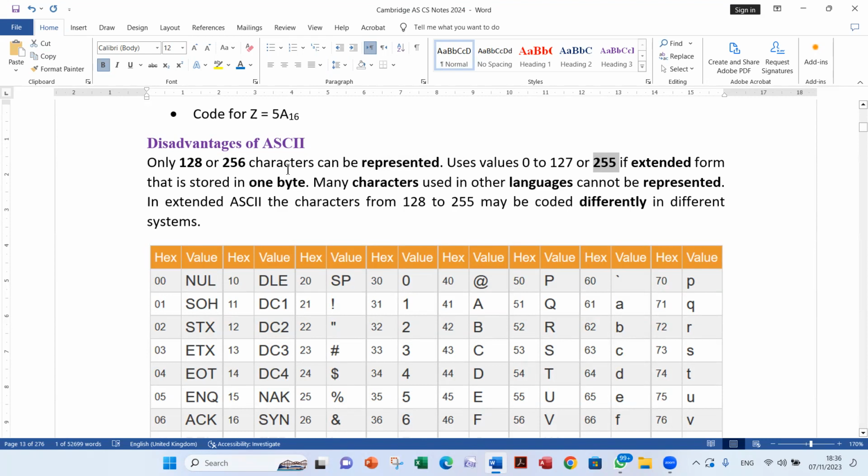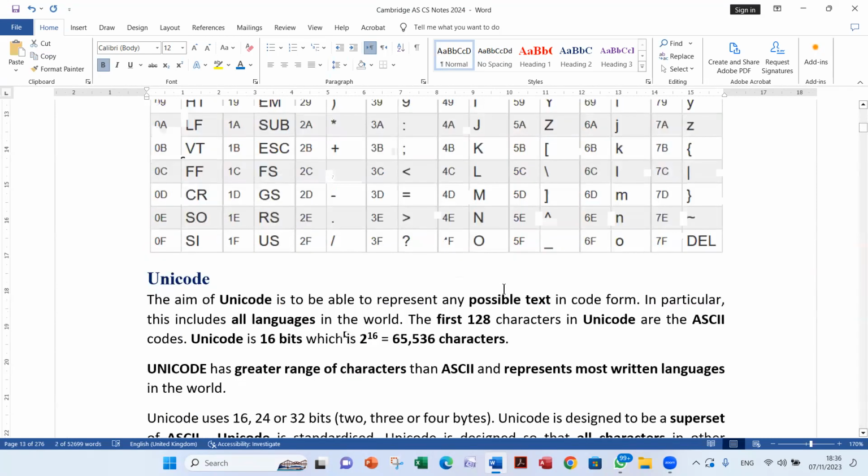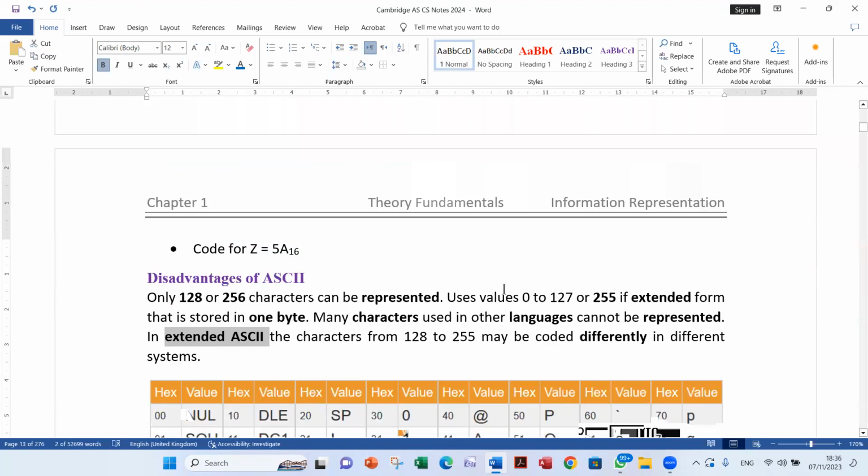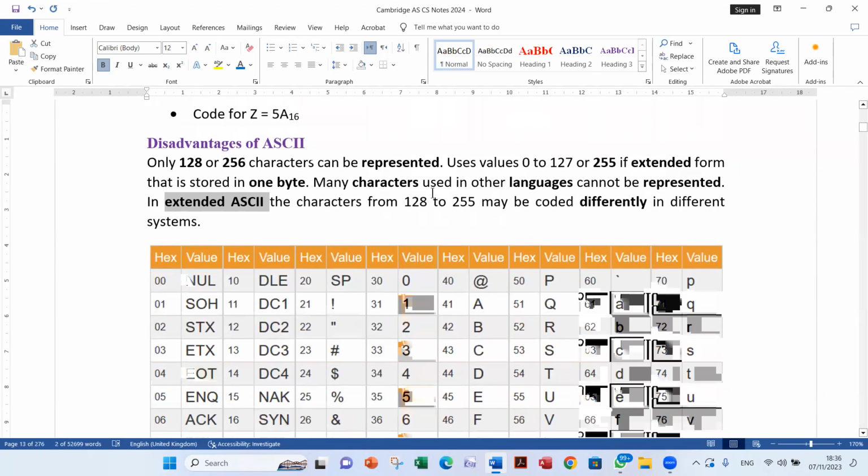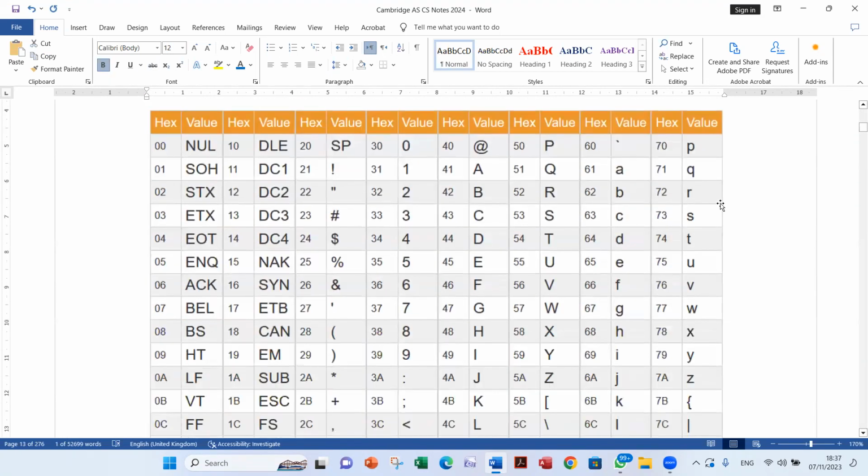Many characters used in other languages cannot be represented. In extended ASCII, characters from 128 to 256 may be coded differently in different systems.